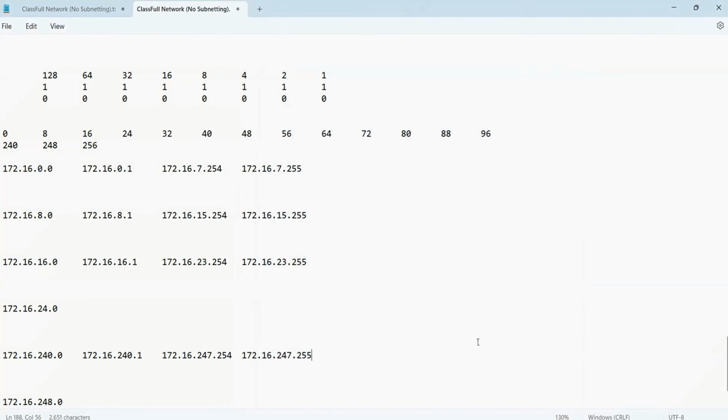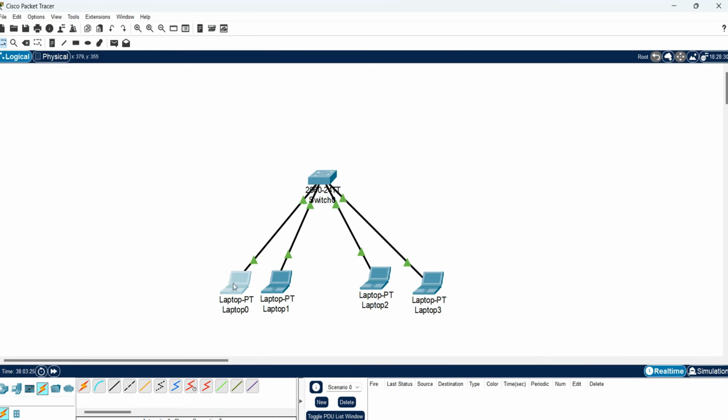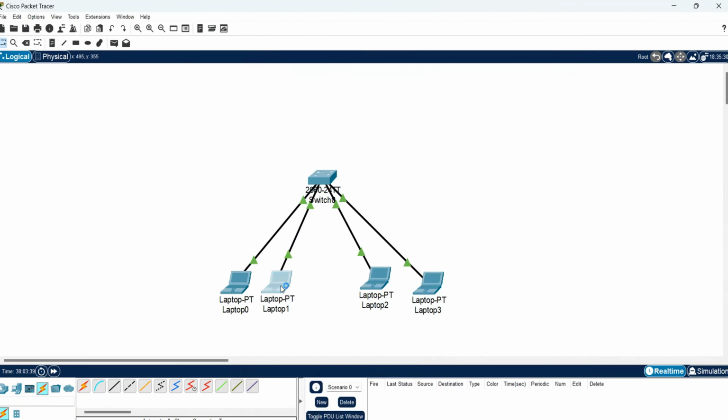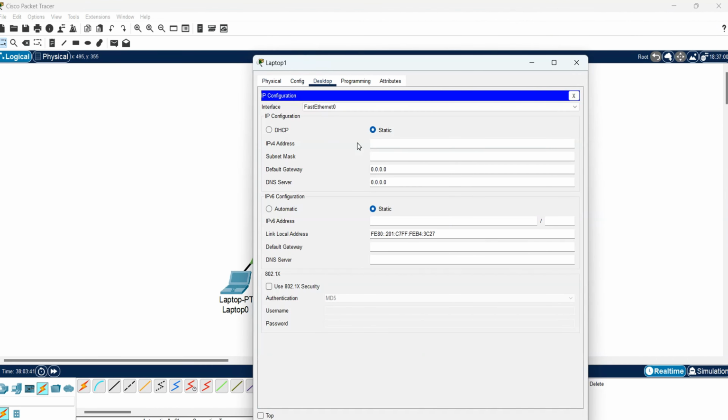All right, good. So let me go back over here and let's say this one is going to be 172.16, let's say 6.1, all right? And this one over here is what? 248.0. This is good. And this one will be, let's say, 7.1. 172.16.7.1. And this one will be what over here? 248, right?